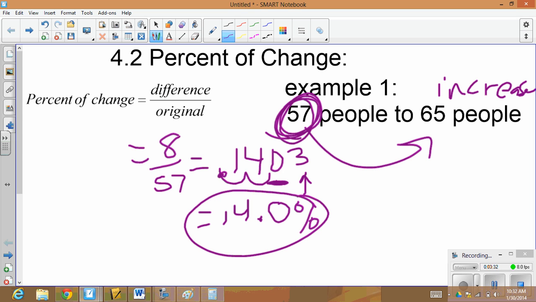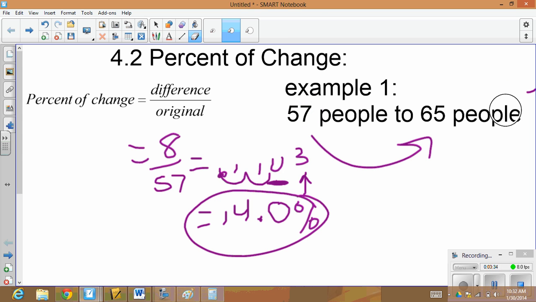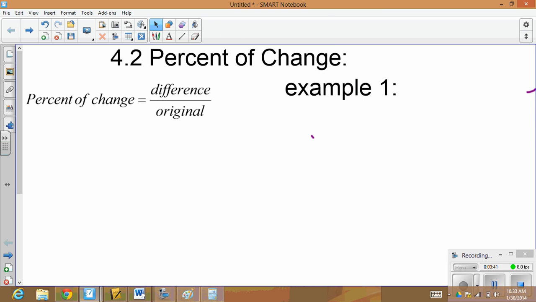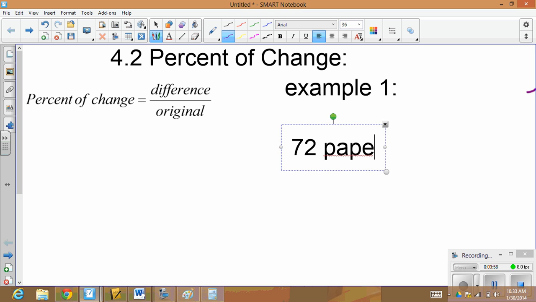Let's take a look at another example. 72 paper clips to 63 paper clips.